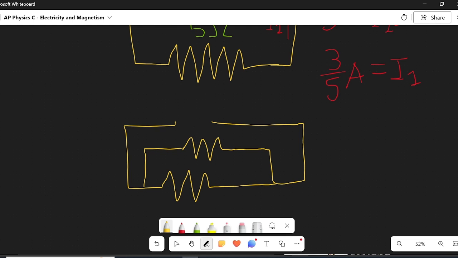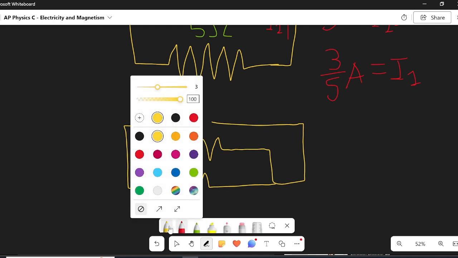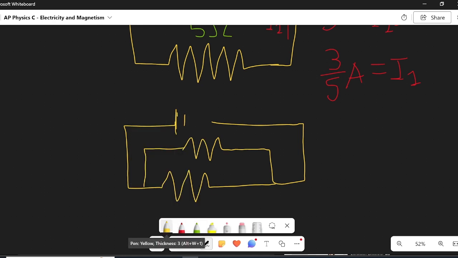We had the battery just like so, up here. So the battery here will be 3 volts. This resistor could be like 2 ohms, and let's say that this one was also 2 ohms.